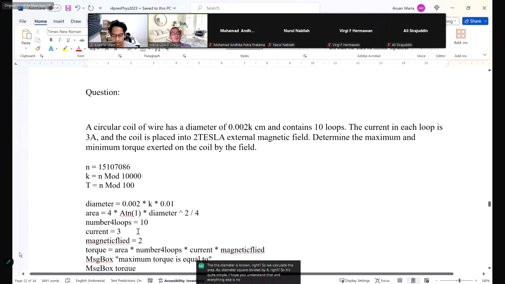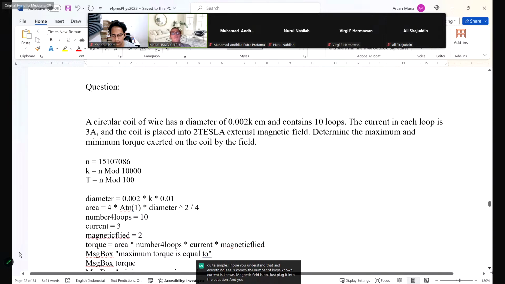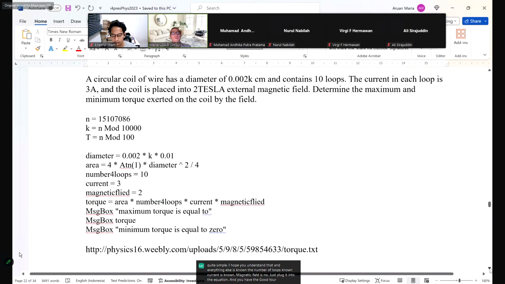The number of loops is known, the current is known, the magnetic field is known. Just plug it into the equation and you have the torque, okay? And of course, the minimum torque will be 0, and the maximum torque will be the torque which I showed you: area times number of loops times the current times the magnetic field. And this is how all electric motors work.